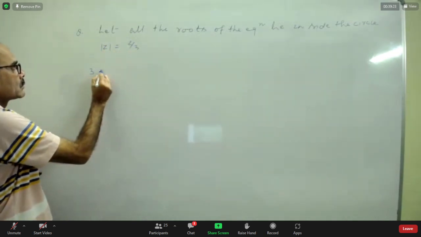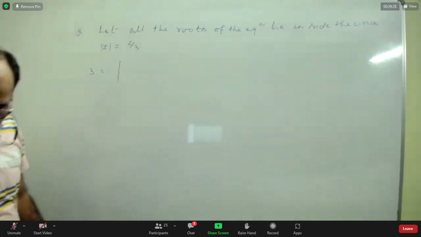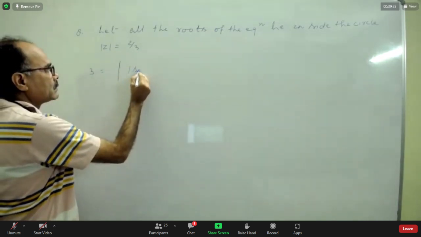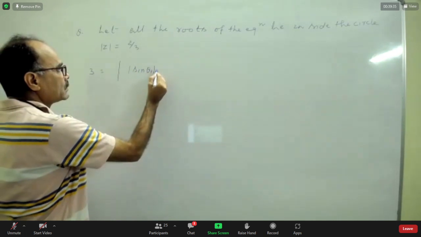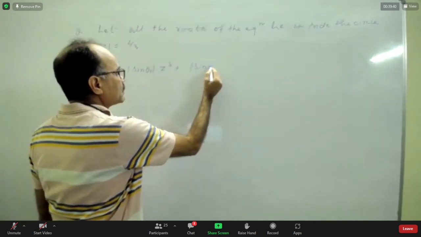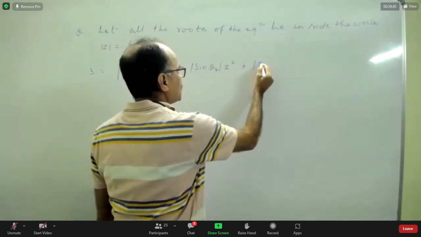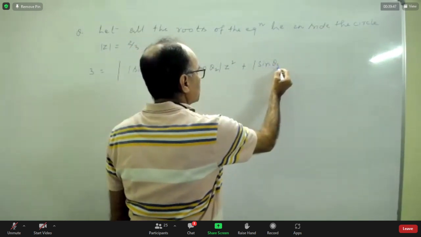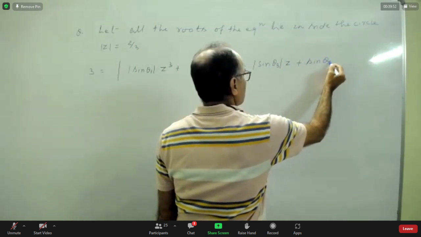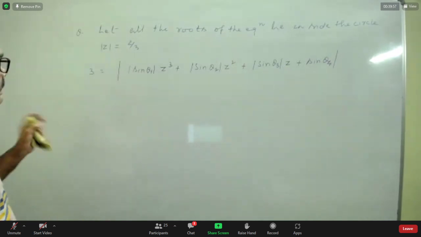So, taking the mode of 3 equals sin theta 1 z cube plus sin theta 2 z square plus sin theta 3 z plus sin theta 4. Modulus of 3 is 3.